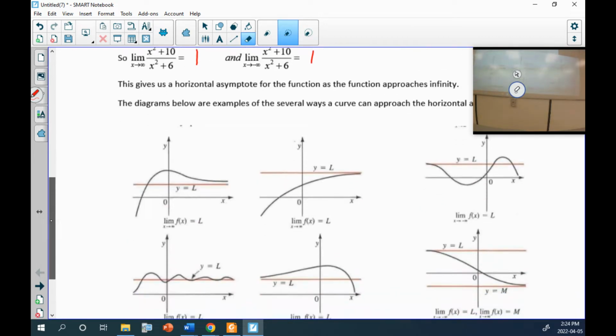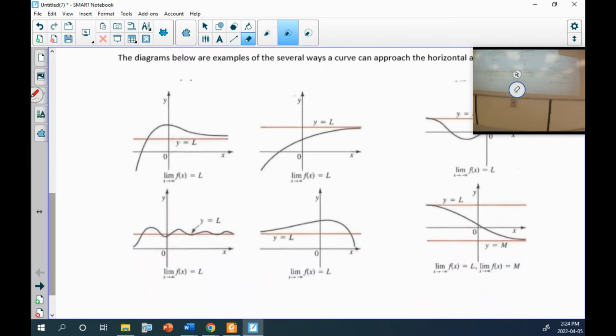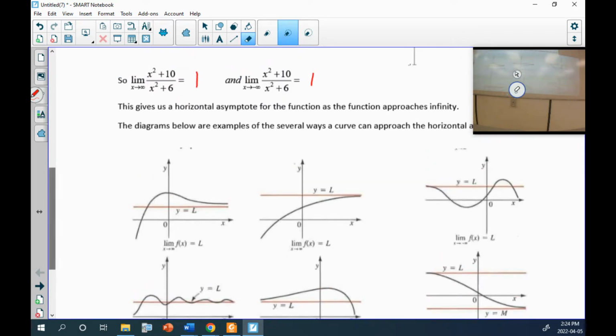These are examples of the different types you could have. It could cross the asymptote, but we don't care because we're more worried about what's happening as the x values get large.